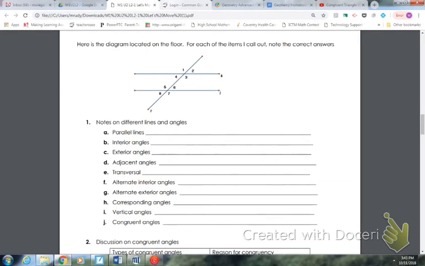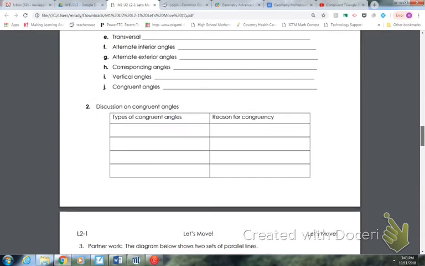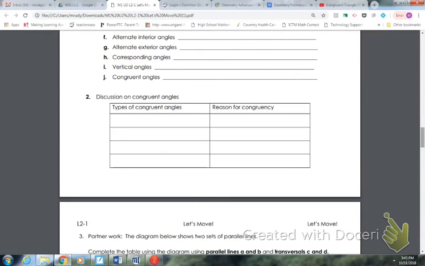Okay, if I scroll down to the bottom of this page, we're going to talk about types of angles that are congruent. One type of angle in the picture that's going to be congruent is your corresponding angles.